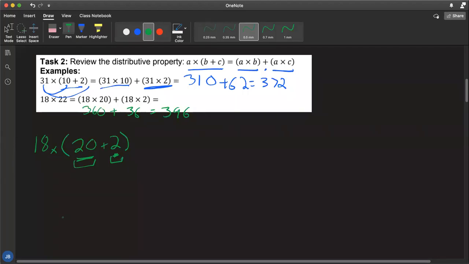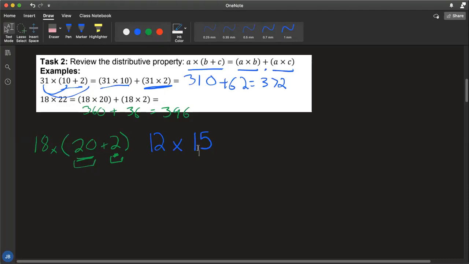Since we don't have calculators on us, this makes it a lot easier, right? Does anybody have any questions on that one? Okay, so what if I had this one here? What if I said, what is 12 times 15?